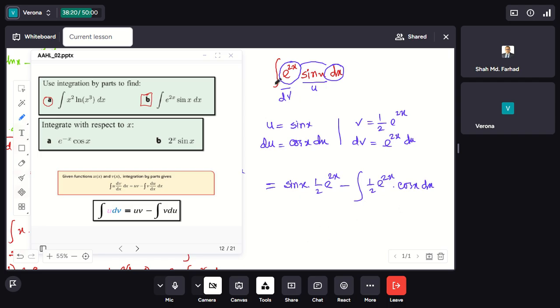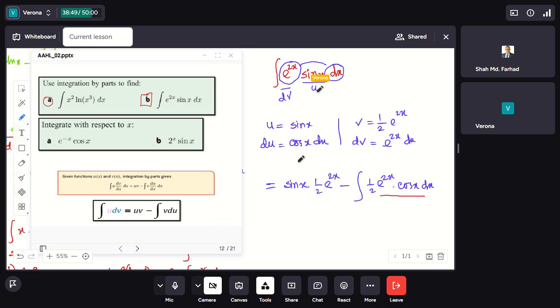Now if we go for this one, again we have a similar type of integral. That means we have to again apply integration by parts. This is the repeated integration by parts.